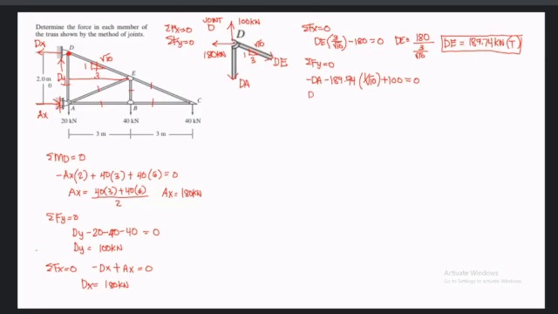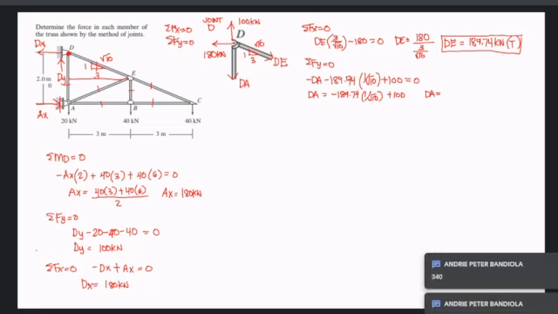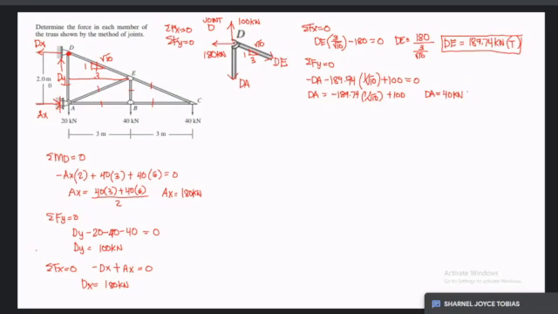So solving for DA, I move it to the other side, so it will become positive, I mean, this will become negative: 189.74 times 1 over square root of 10 plus 100. So what's your DA? 40? 340? That's big. Just 40, right? So it is 40 kilonewtons. A positive answer came out, so our assumption that DA is a tension member was correct.